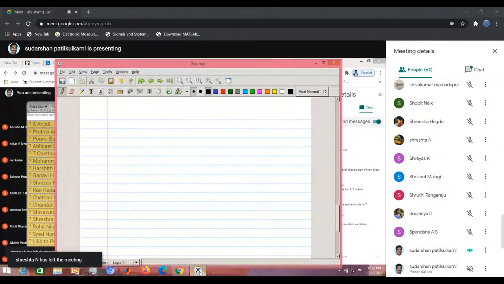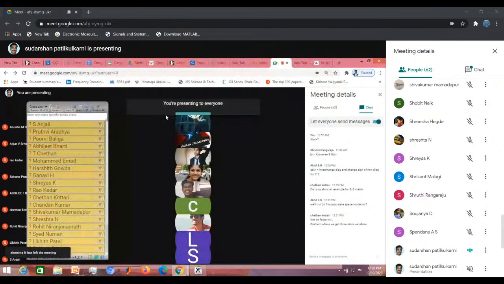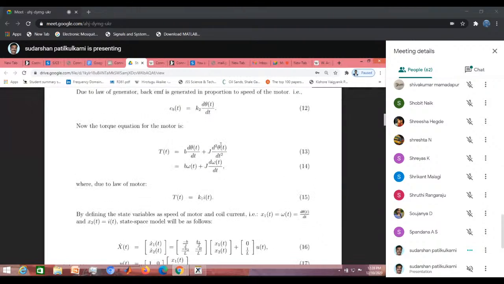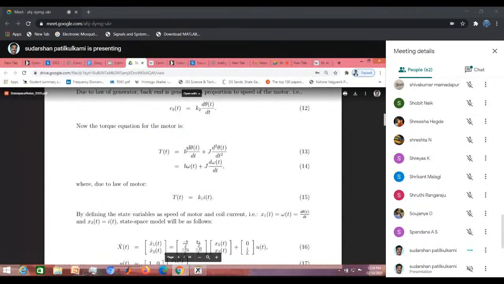So here in this motor example, if you consider angular velocity, then you have a first order differential equation, one for the torque, another for the voltage. So two first order differential equations, therefore 2 state variables. But if you consider position as the output, if your application requires you to control the position of the DC motor, then you need to use equation 13.